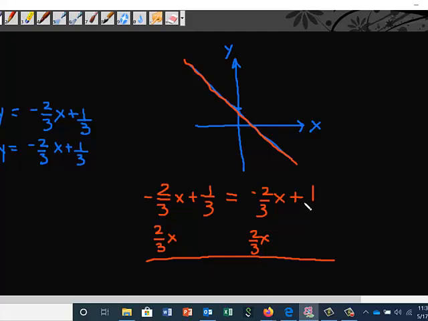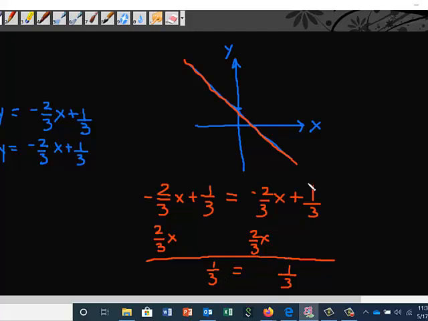Okay, this is 1/3. I forgot to put 1/3 here. There we go. So 1/3 on this side is equal to 1/3 on this side, because negative 2/3 x plus 2/3 x is 0, and negative 2/3 x plus 2/3 x again is 0 on this side. So we got 1/3 is equal to 1/3.